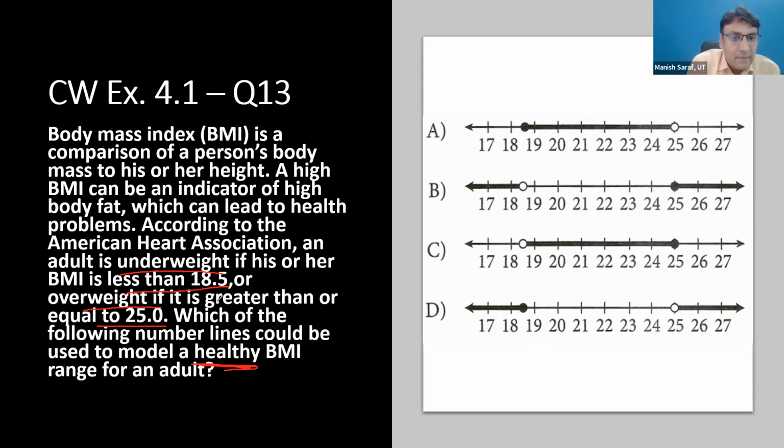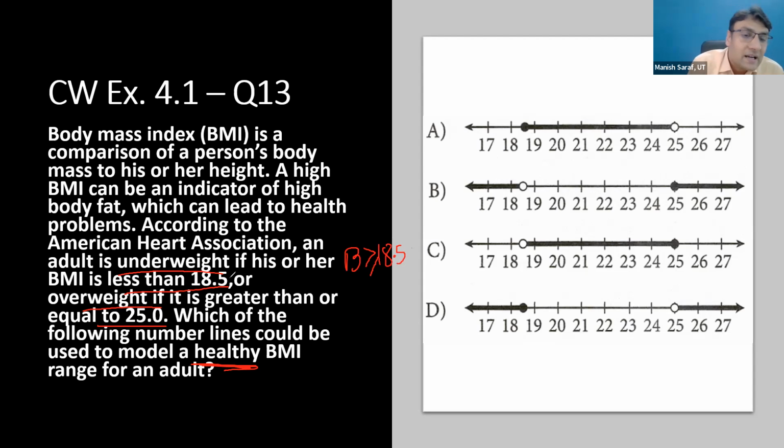Somebody is underweight if his or her BMI is less than 18.5. So if their BMI, I'll only write B, is greater than or equal to 18.5, can I say that person is healthy? Yes or no? Yes, sir.